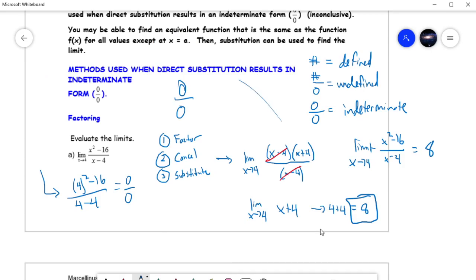You can sort of brute force check it by making a little table, check 4.01, 4.001, 4.0001, right? And notice that you get 8.01, 8.001, and so on. The closer you get to 4, the closer your value gets to 8, and therefore your limit exists.